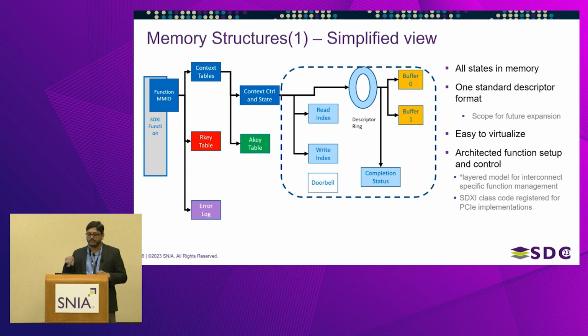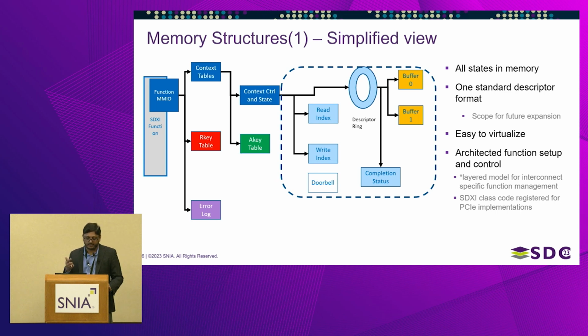This shaded region that I'm calling out is the structures that a user space application needs to know about for it to produce the work. So in this structured model, the function has some MMIO space, context tables, and state structures that govern how the context is defined. And within this shaded region is where all the data structures required for an application to produce the work are.